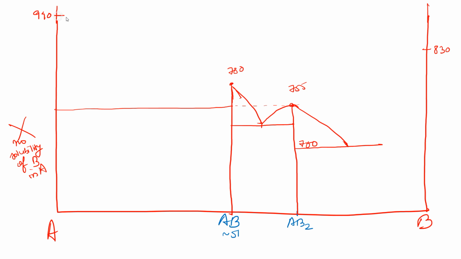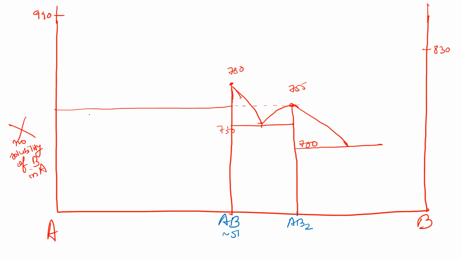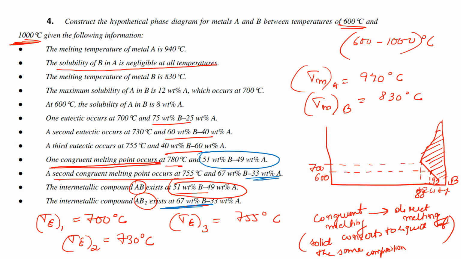And this eutectic is already given to us, so this is 730 degrees centigrade. And the other eutectic is 755, which is mentioned, which is equal to the melting temperature. So this will be going this way. And the composition of the eutectics, we have to mark it.